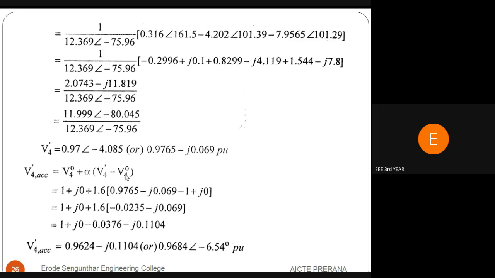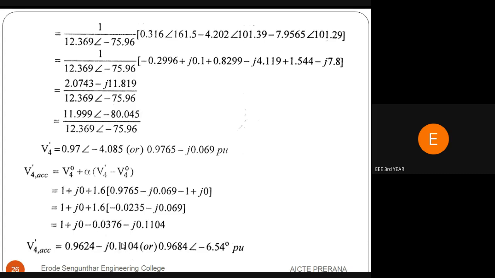Substitute in this formula: 1 plus j0 plus 1.6 into (0.9765 minus j0.069 minus (1 plus j0)). Solve it and you will get the final value V4 accelerated equal to 0.9624 minus j0.1104.